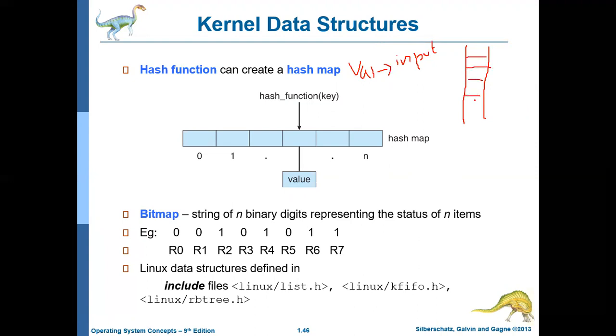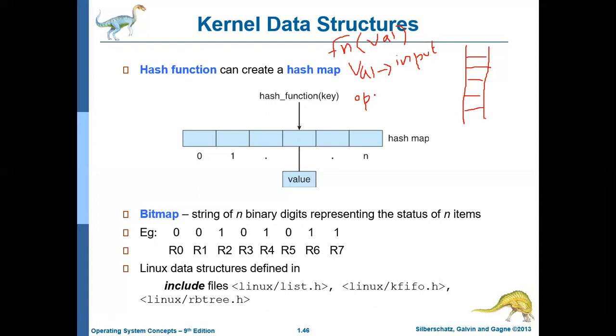This hash function takes some value as an input and provides some integer as an output. Whatever the output is, it will tell the operating system which location it has to access.